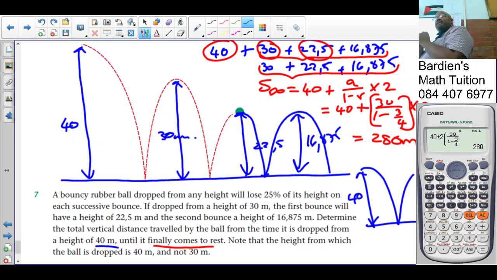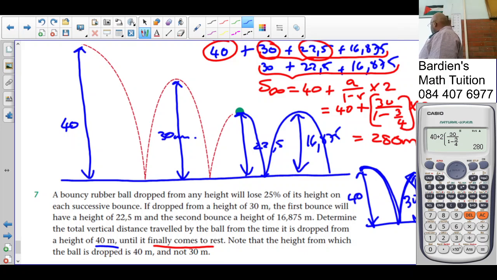So it retains 3/4 of its height. So 3/4 of 40 is 30. Now you see this ball is dropped from 40 meters. It's going up 30, so how much must it come down by to hit the ground again? 30. So it's going to lose a quarter again, so it's going to go up to 22.5 and down.